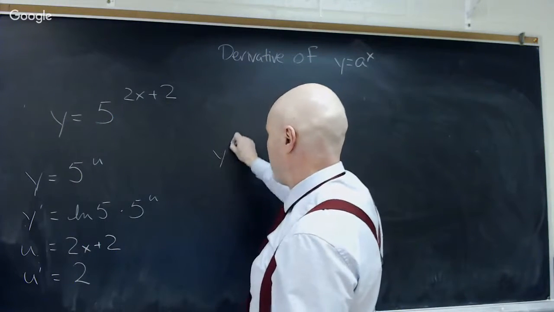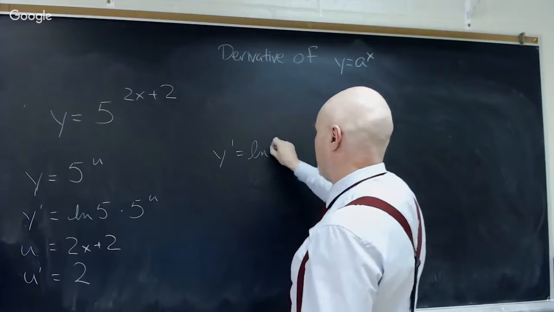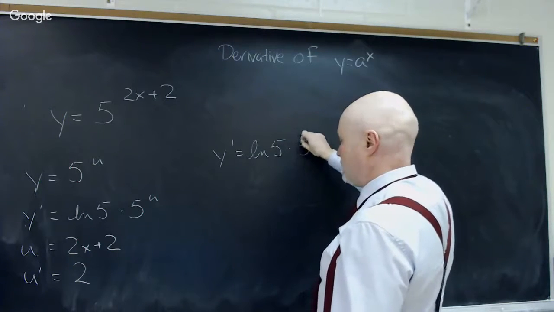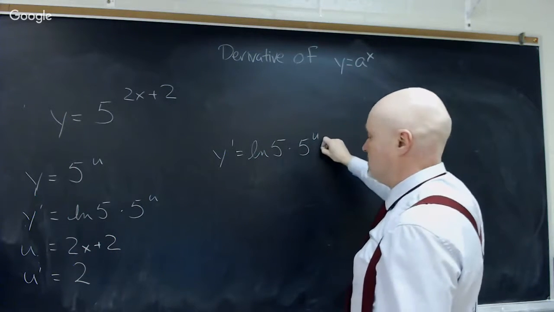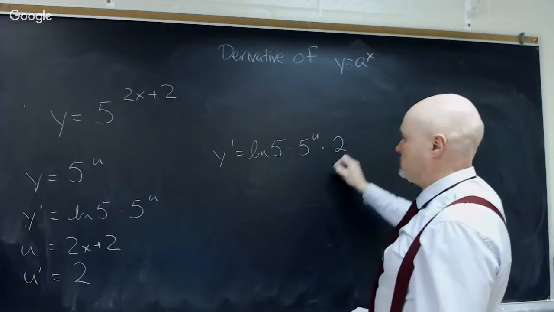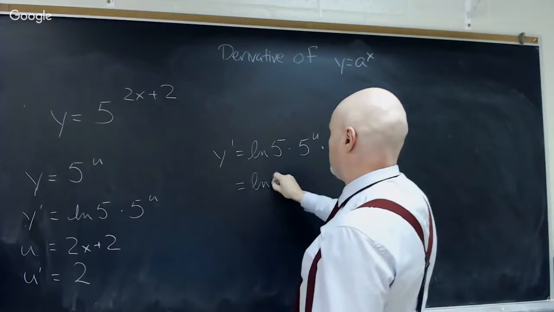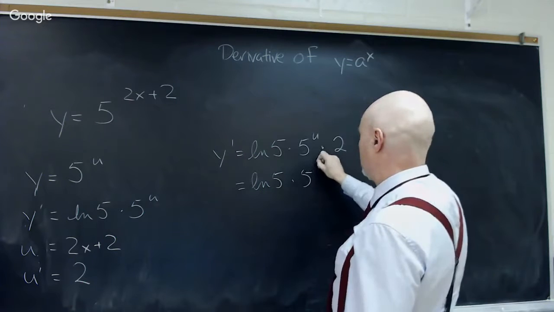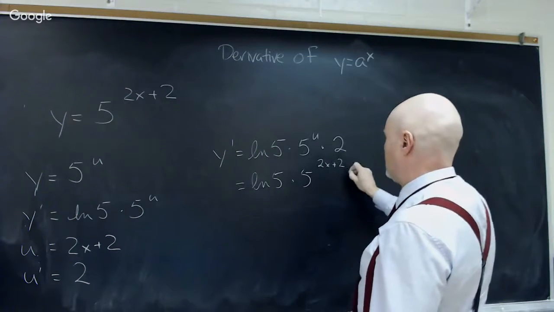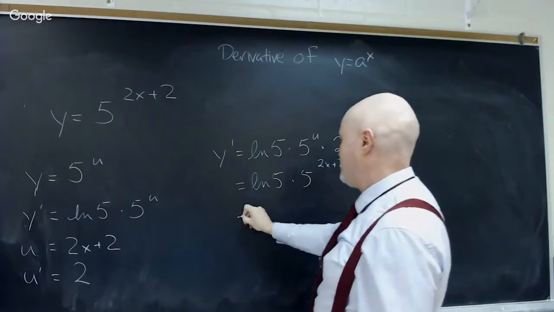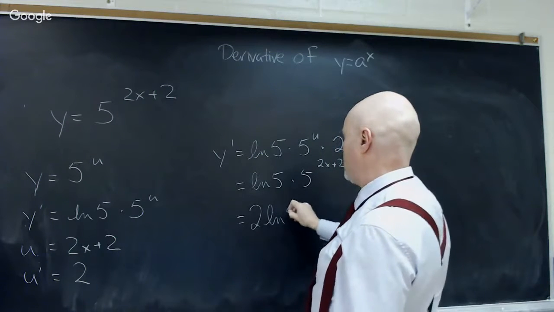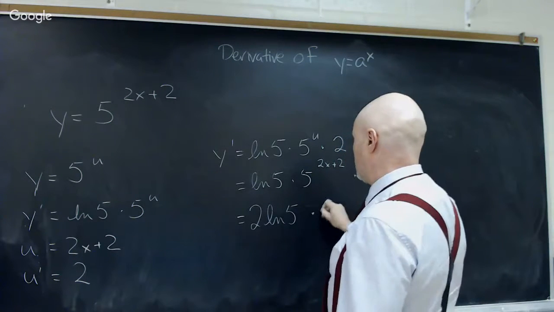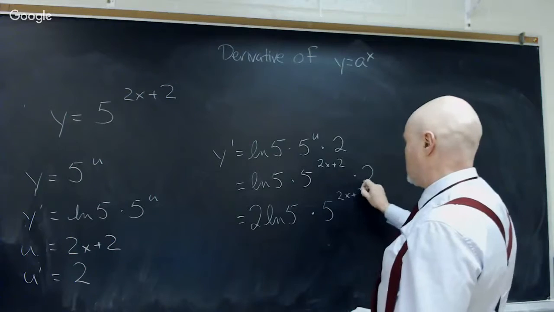And so y primed is going to be the natural log of 5 times 5 to the exponent u times 2. And if I substitute my u back in, I better tidy that up. So 2 natural log 5 times 5 to the exponent 2x plus 2.